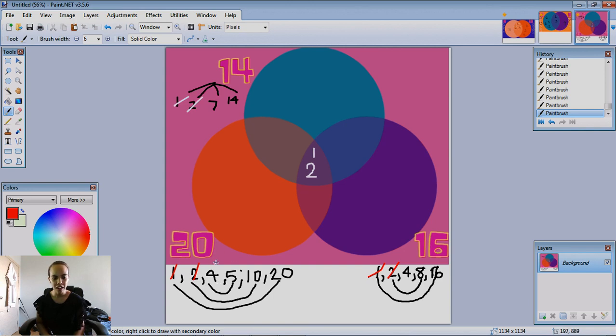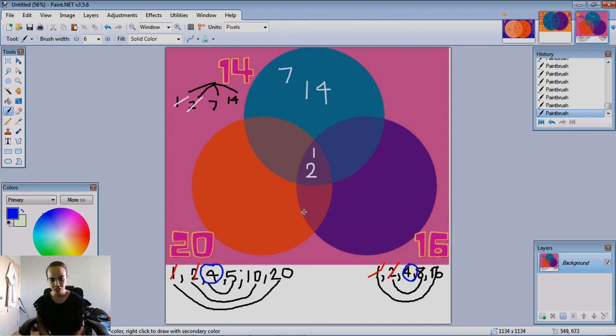Now I'm going to go for a blue color. First of all, I can see no other numbers are shared between the others. So 7 and 14 go into 14's little thing. Okay, 20. I've got a 4, so I'm just going to use a different color to show you here.